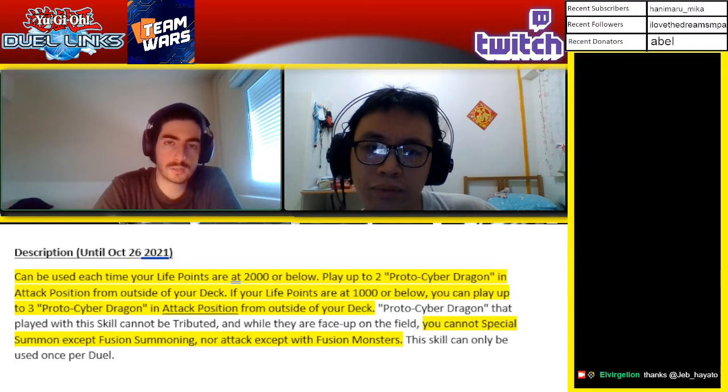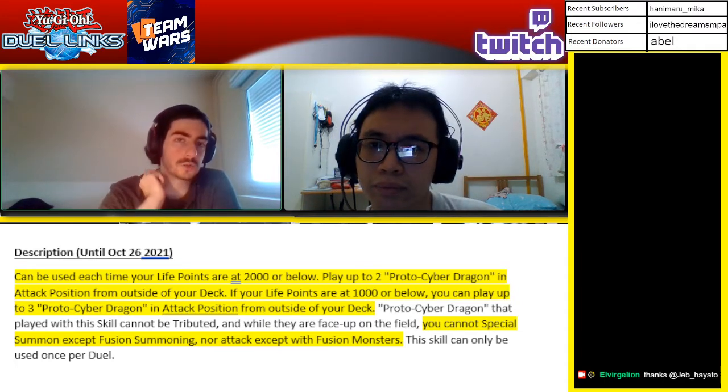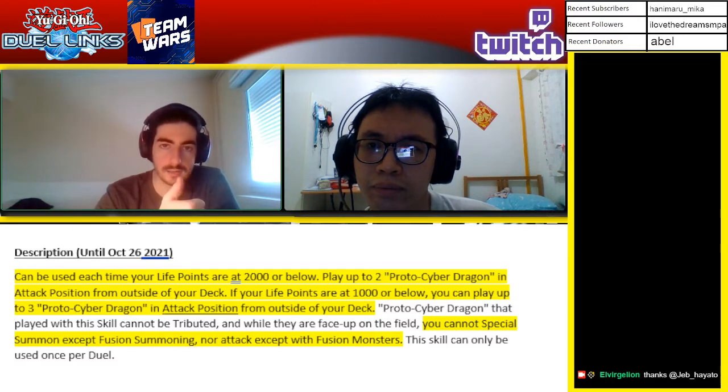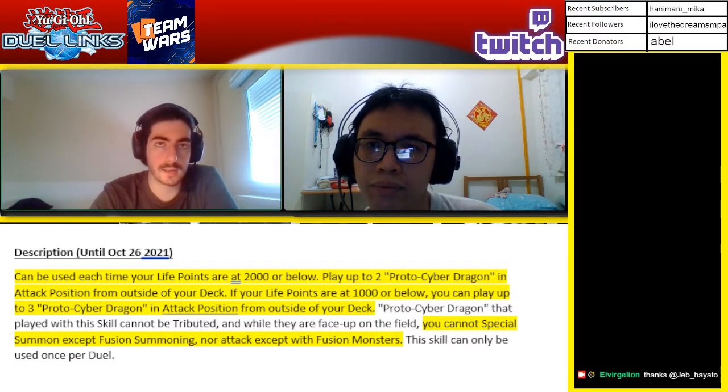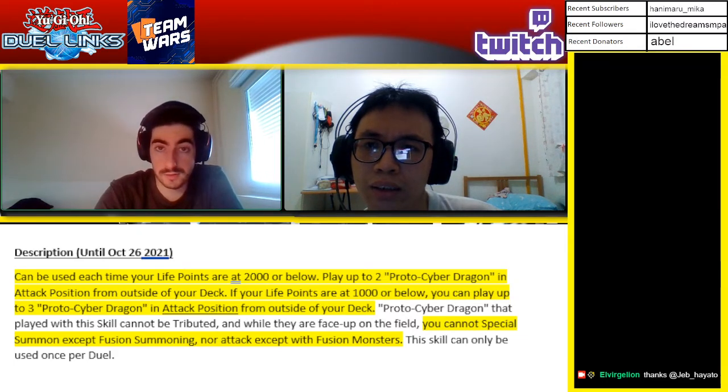There's so much destruction power for Cyber Dragon that at that point they also had to make a restriction where only fusion monsters can attack the turn this happens, and also having these costs where it's 2,000 life points or below instead of 3,000, because the deck can be played very fast.